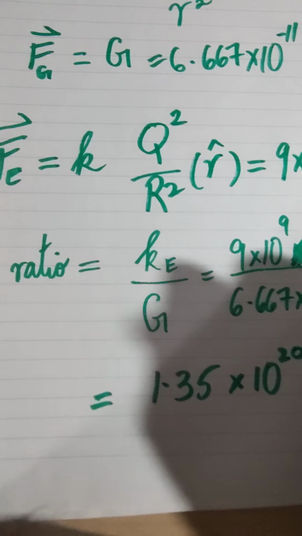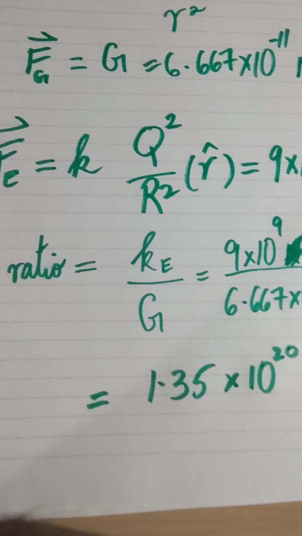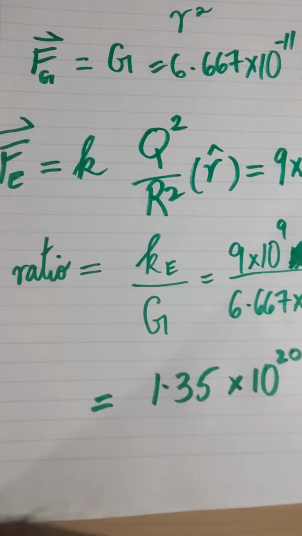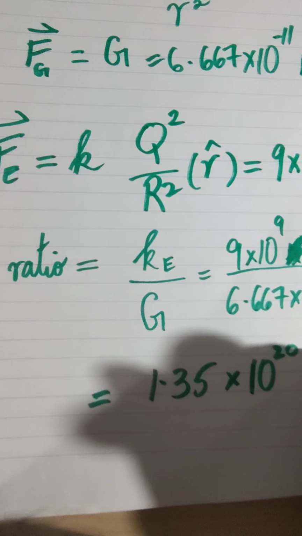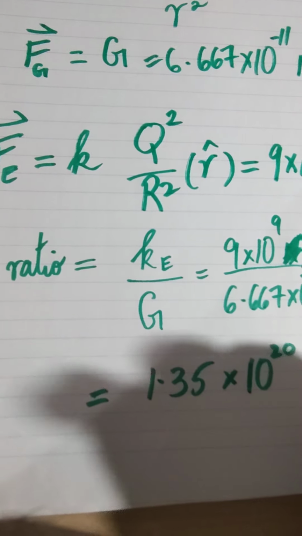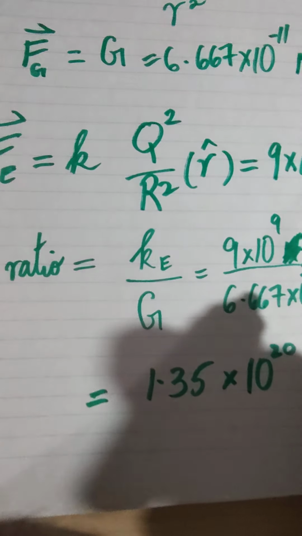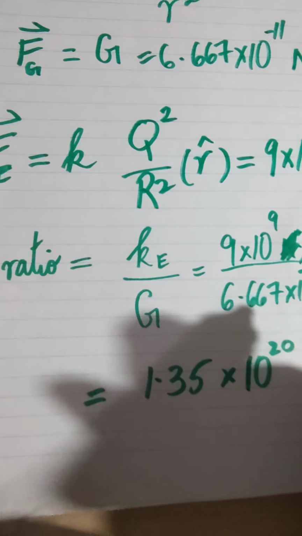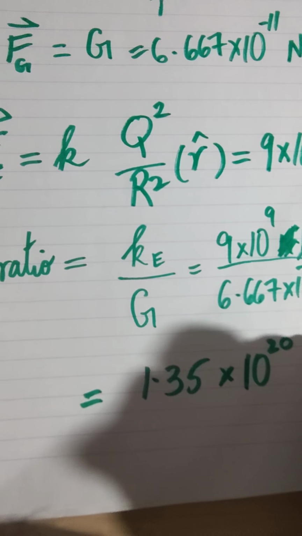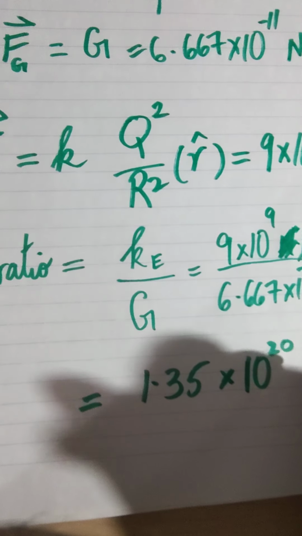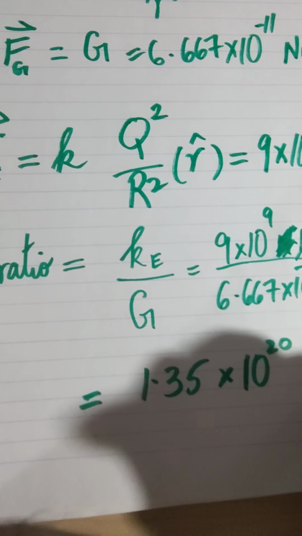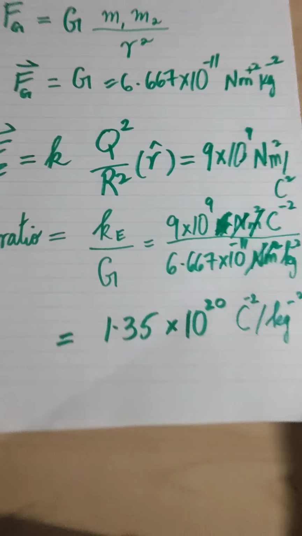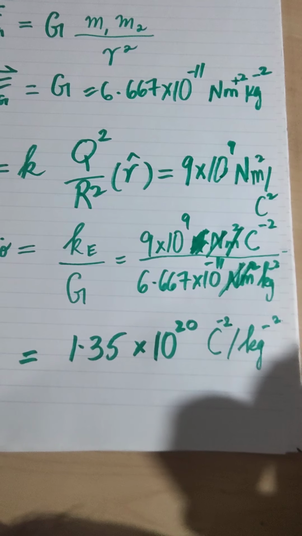So newton cancels, meter squared cancels, and you're left with coulomb squared per kg squared.